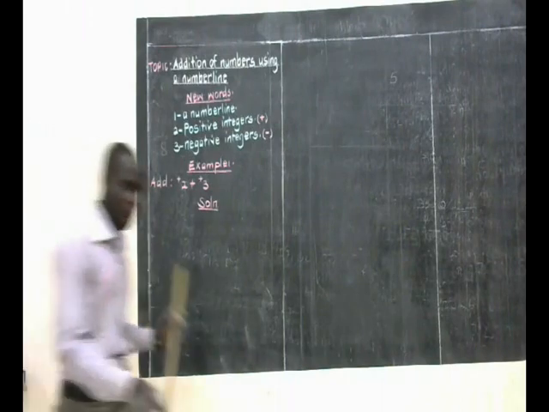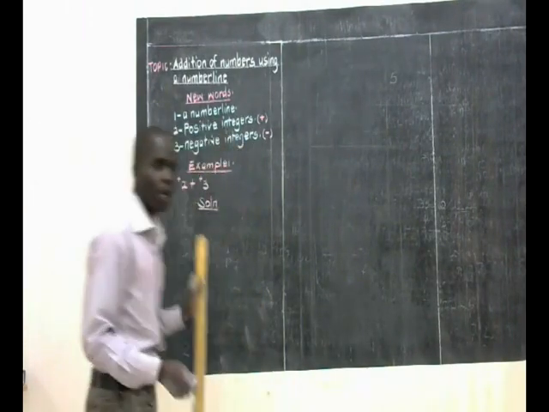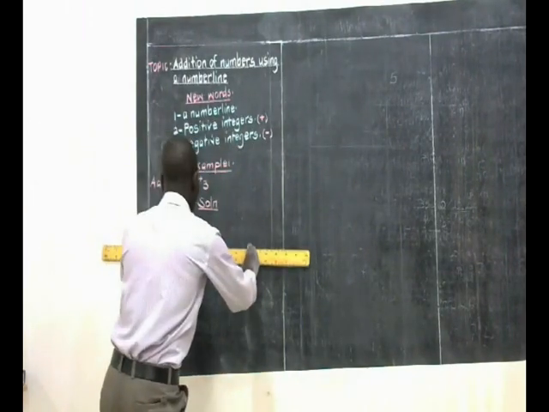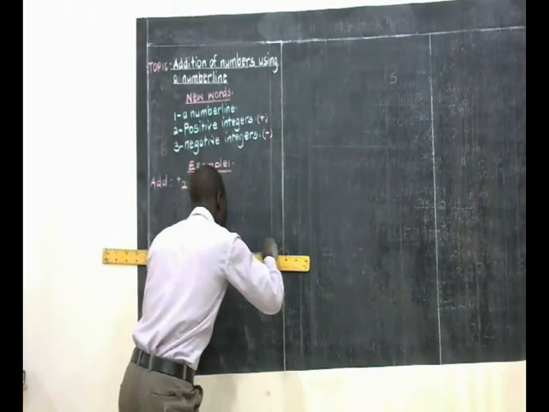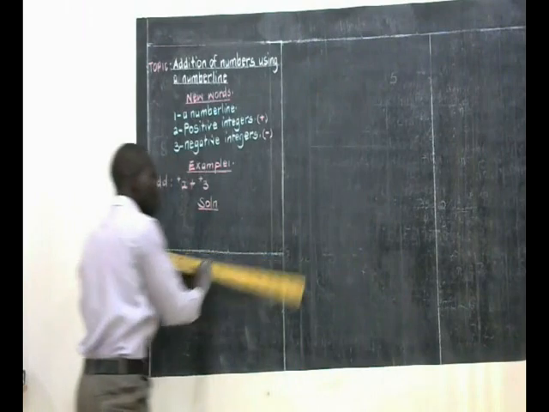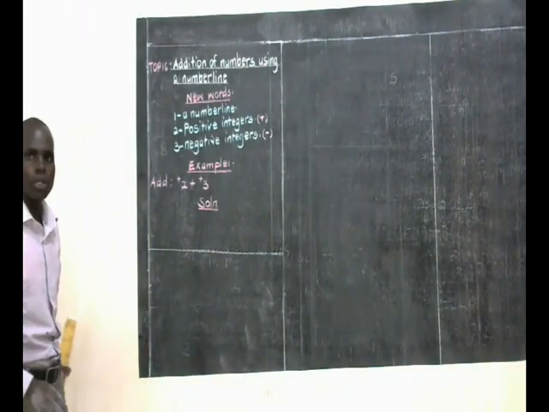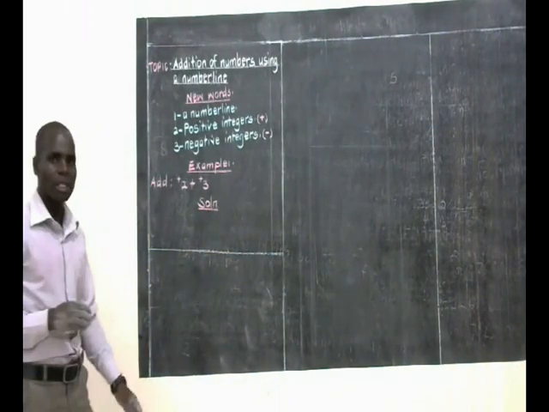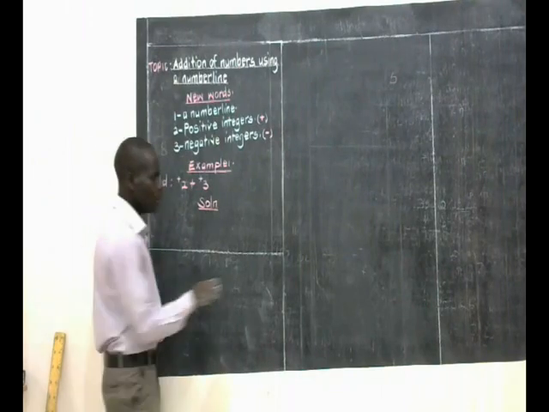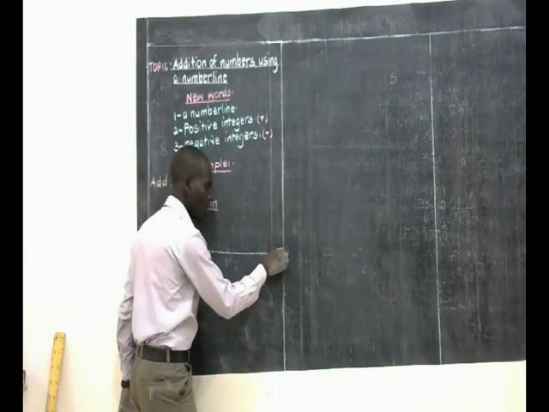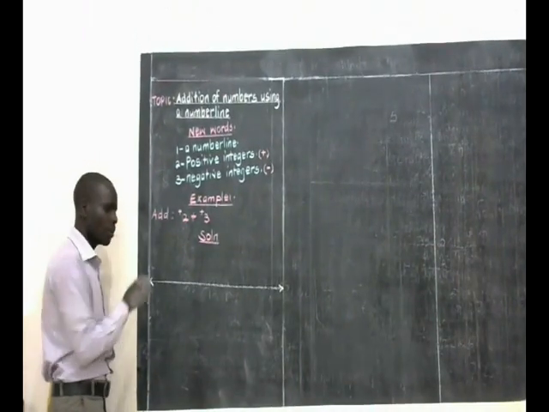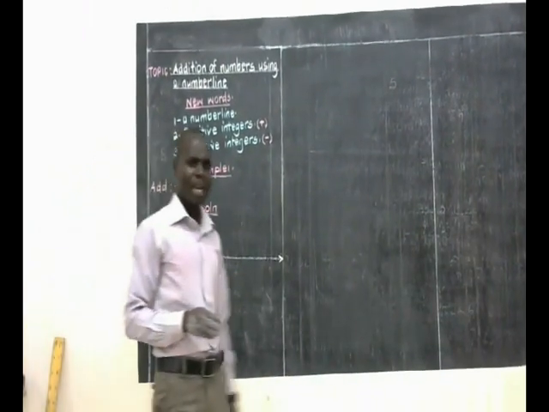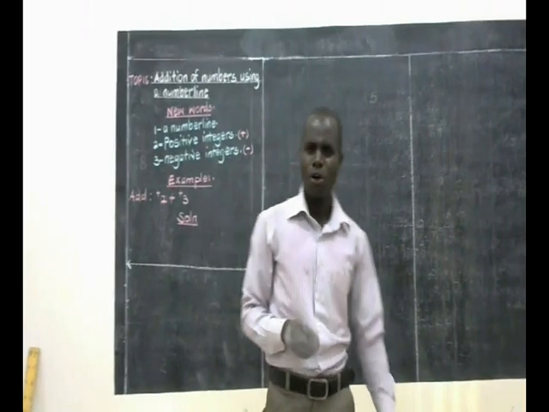Now, what are we supposed to do in this case? We have to draw a number line. Make sure that your number line is straight. And when you have drawn that, you must have the arrow on both ends. Why must a number line have arrows on both ends?